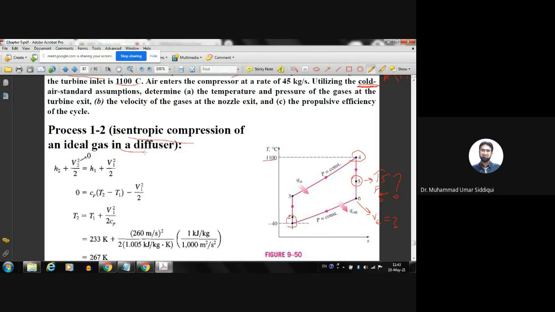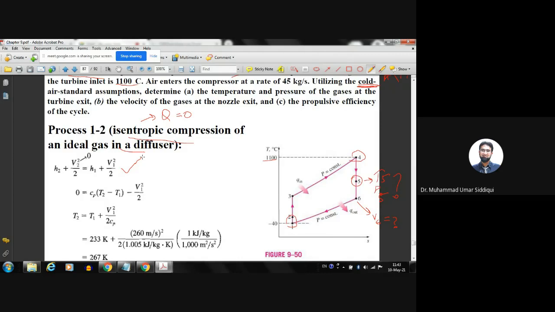The only difference is that since this is isentropic, Q will be 0, because isentropic is the same as adiabatic. If you analyze it in the same way as we discussed in chapter 5, putting Q equal to 0, we come up with this formula.